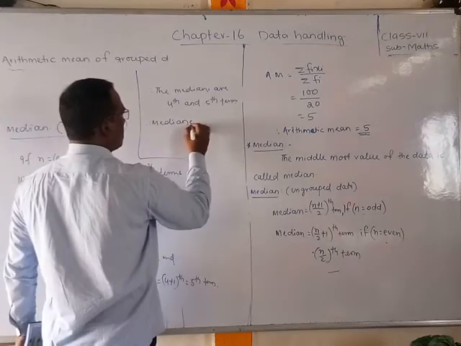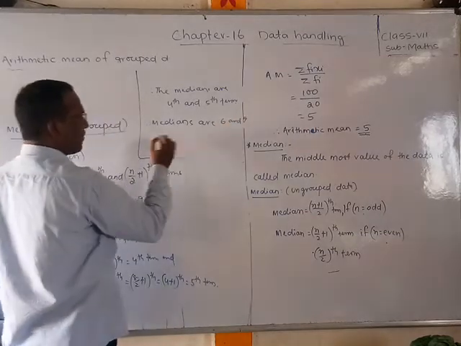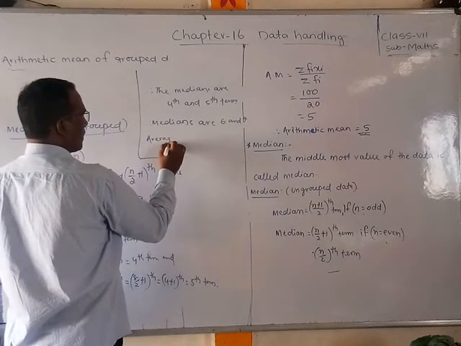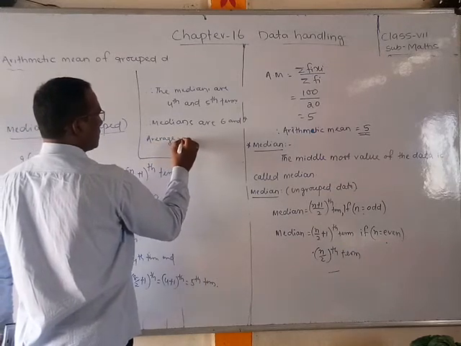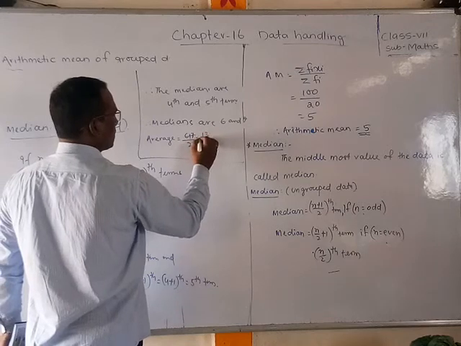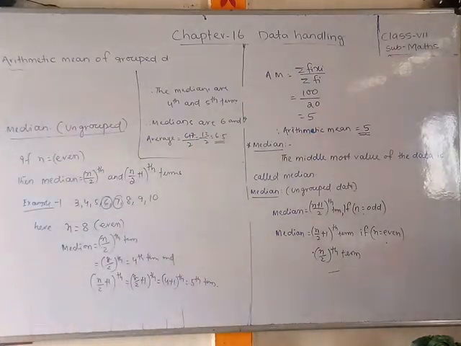So the medians are 6 and 7. If we find the average of the medians, the average is 6 plus 7 by 2, 13 by 2, 6.5.